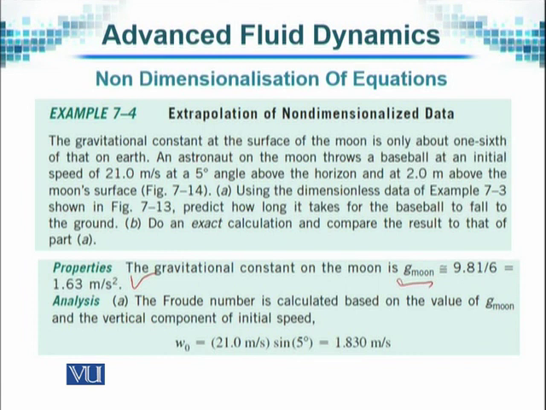And the Froude number that is calculated for the gravitational value of the moon: we have the velocity W equal to 21 meters per second times sine theta, because the baseball was thrown at an angle of 5 degrees. To calculate the vertical component of the velocity, it is given by W naught times sine theta, where theta here is 5 degrees as given in the question.